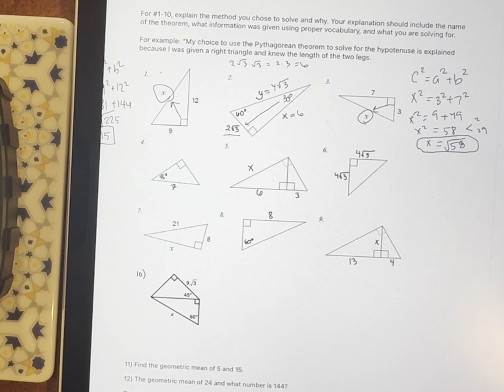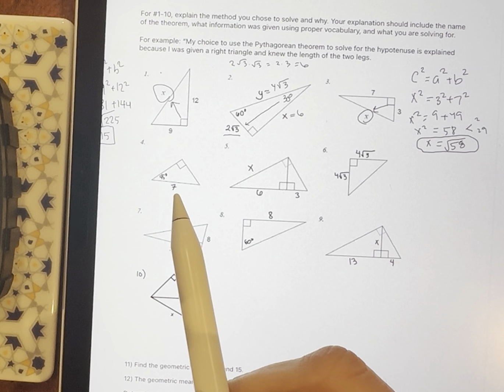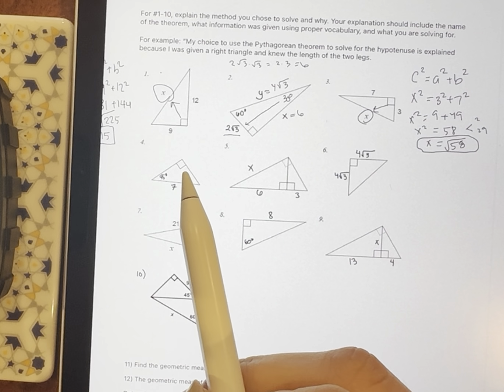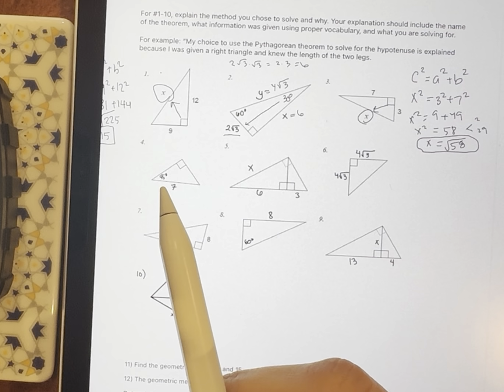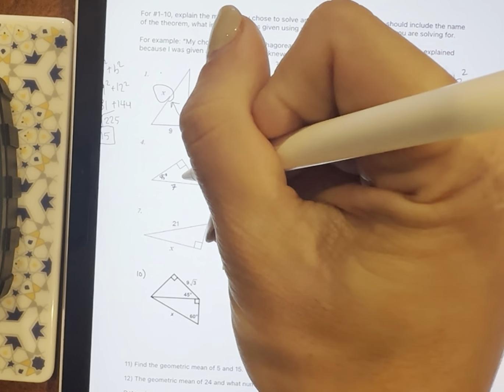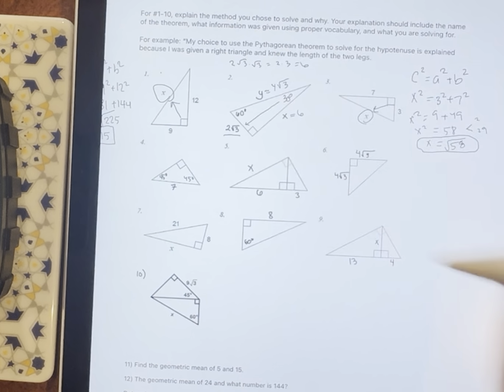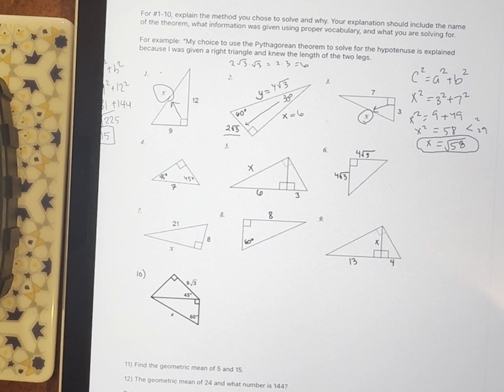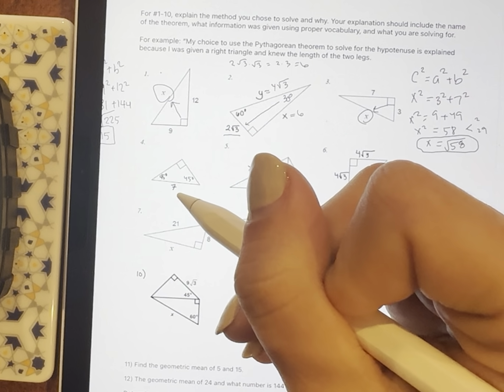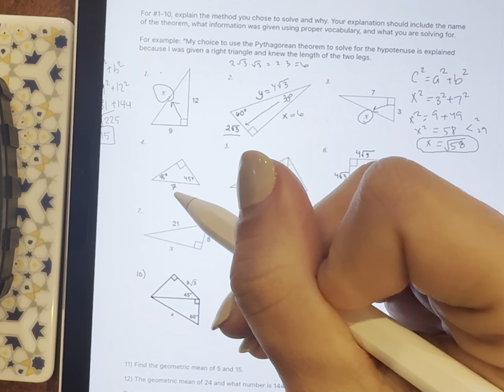On number 4, I know one side of a right triangle. I can't use the Pythagorean theorem, but I notice that it's a 45-45-90, so I can use the 45-45-90 theorem. Here, the hypotenuse is 7.